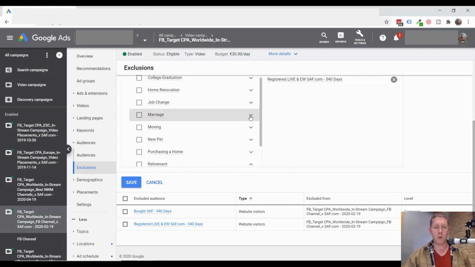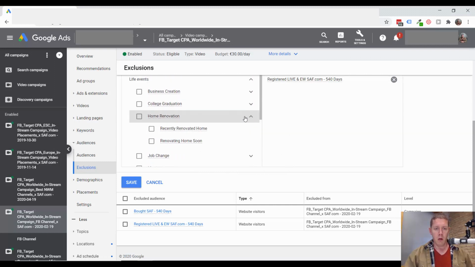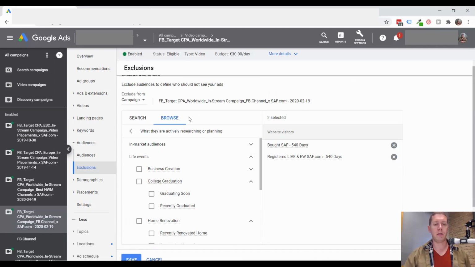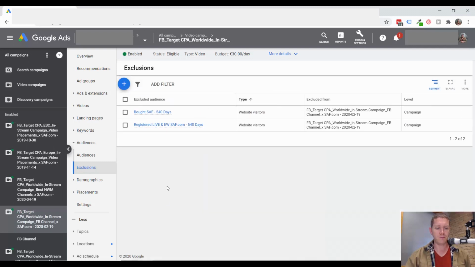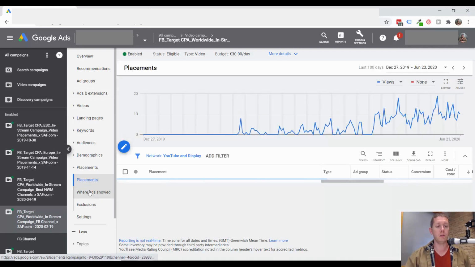If we want to exclude anyone who just graduated from college, we could exclude those people. I don't know the reasons you might want to exclude them, but for your particular product or service, it would help to look through these lists and think about who your customer is not. And if there's an audience that clearly defines who they are not, then you can consider excluding those audiences from your campaigns.